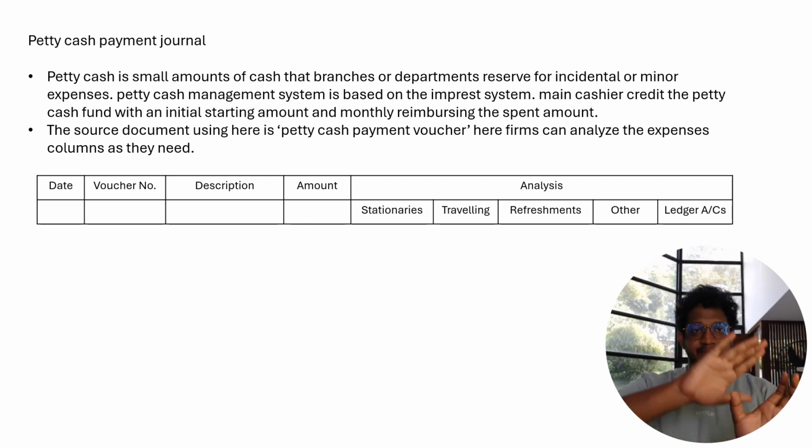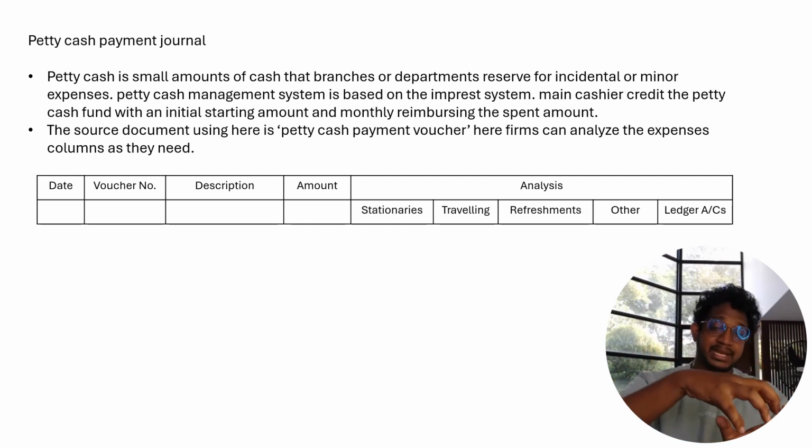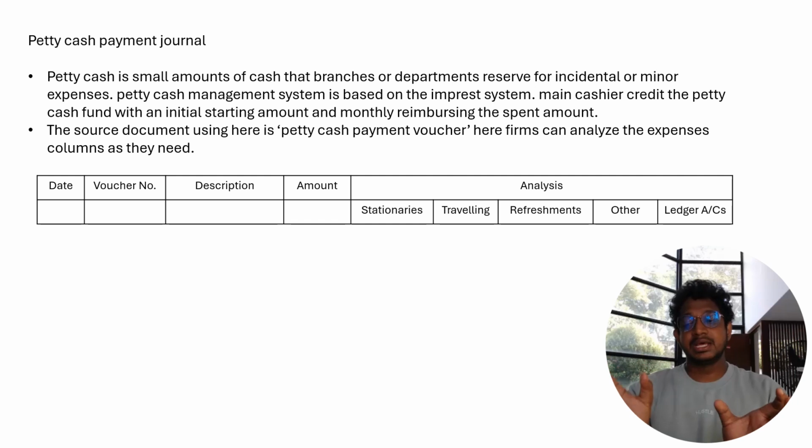The main cashier gives money to the petty cashier to spend for the month, and the petty cashier spends on those expenses. But at the end of the month, the main cashier reimburses the imprest amount. What actually happens is that the main cashier reimburses at the end of the month the amount that was actually spent in that month, right?